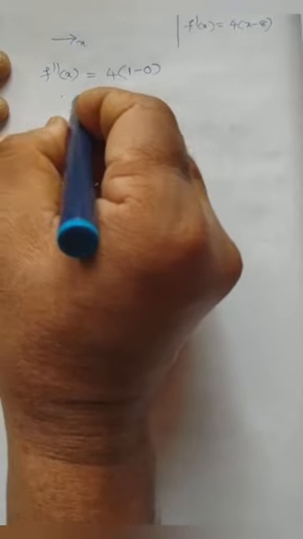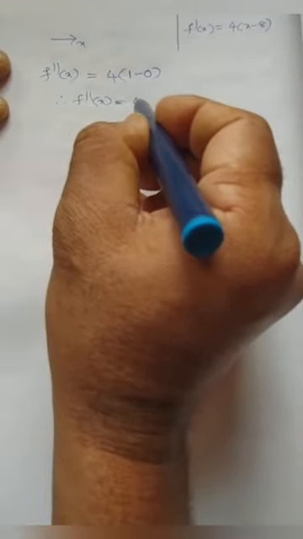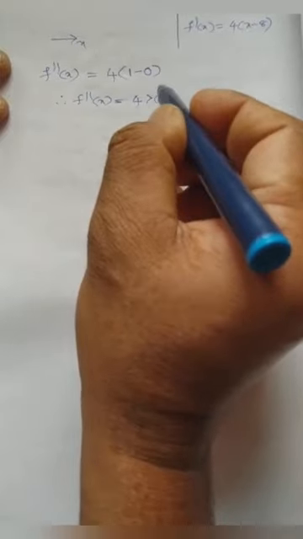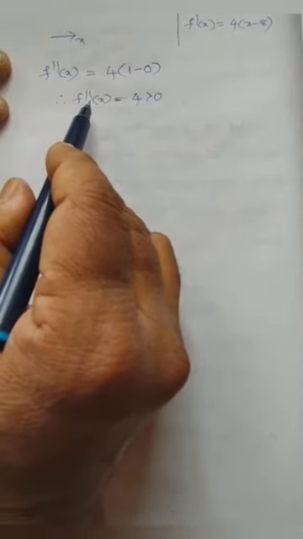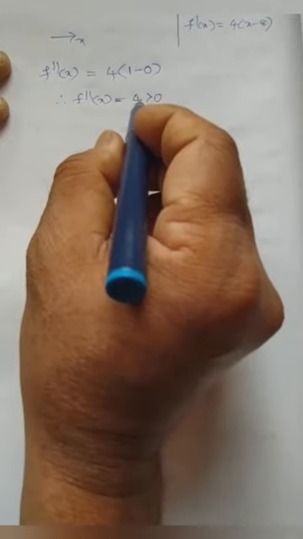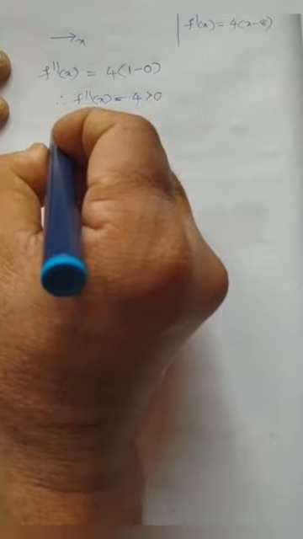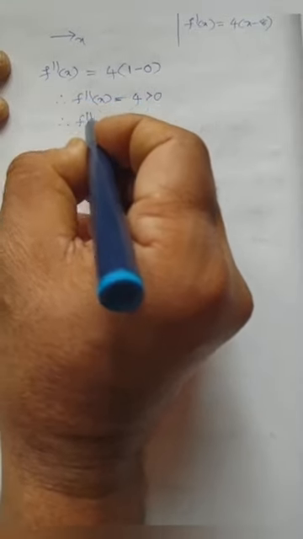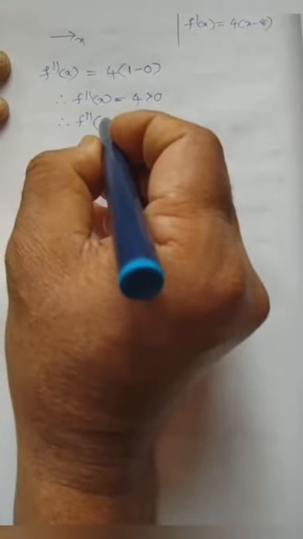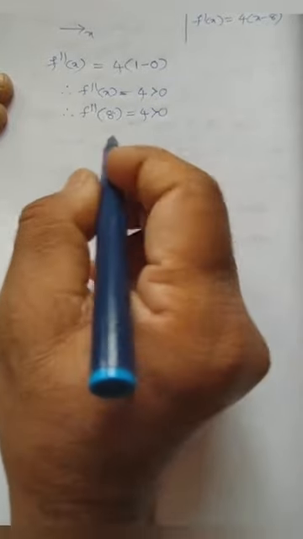So therefore f double dash of x I got here is 4. It is greater than 0. Whenever f double dash of x is greater than 0, since there is no x to substitute here, f double dash at the stationary point x equals 8 is also 4, which is greater than 0.